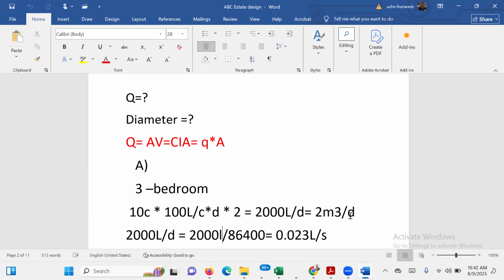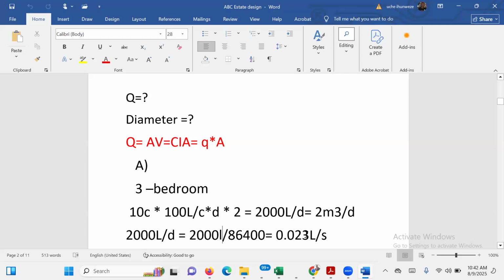However, we said that in designing your pipe network, we deal in seconds. While if we're sizing a tank or reservoir, we size it based on per day. What is the capacity per day? But when you're sizing pipe, you don't say per day, you say per second or per hour. All of us know that in modeling, you discretize to the smallest denominator.